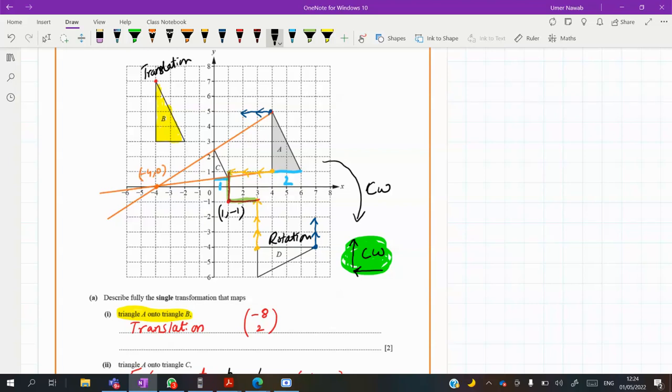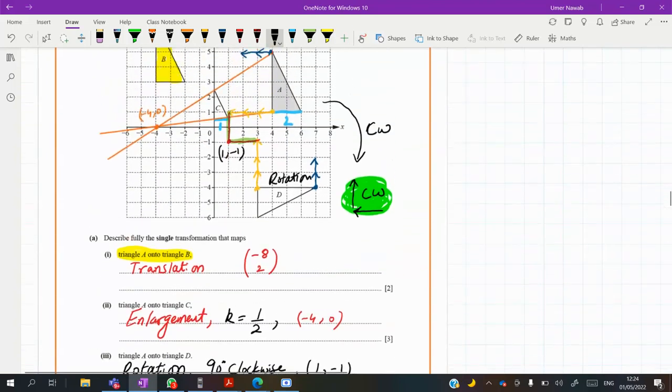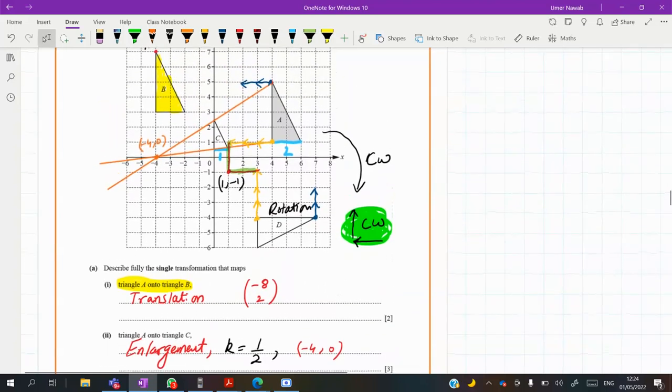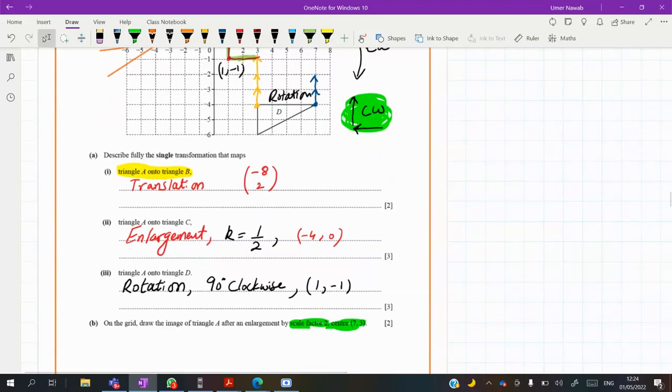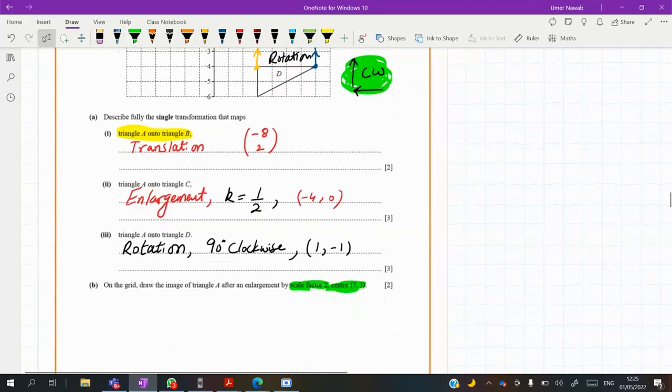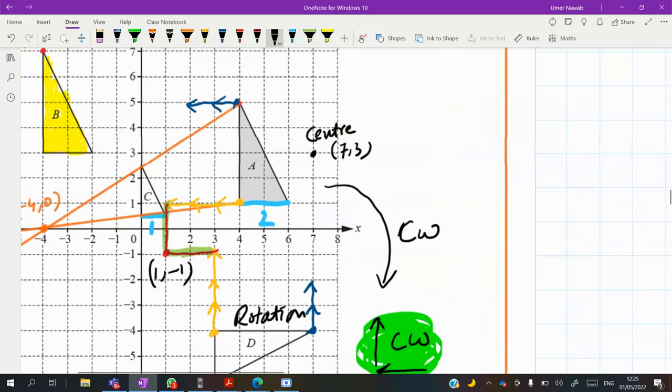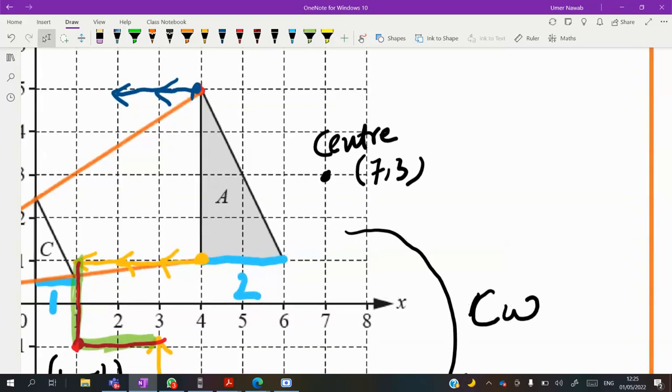And now the next thing is we need to do the enlargement with the center 7, 3. 7, 3 is this point. Now I need to write the coordinates of all the points of the triangle relative to the point 7, 3 as the center.